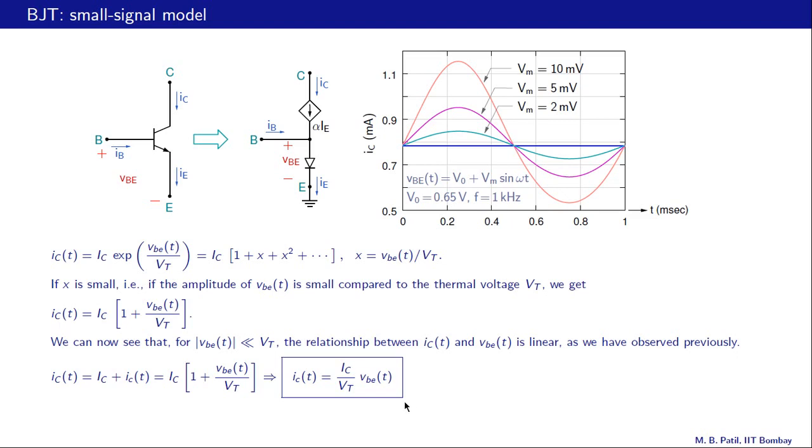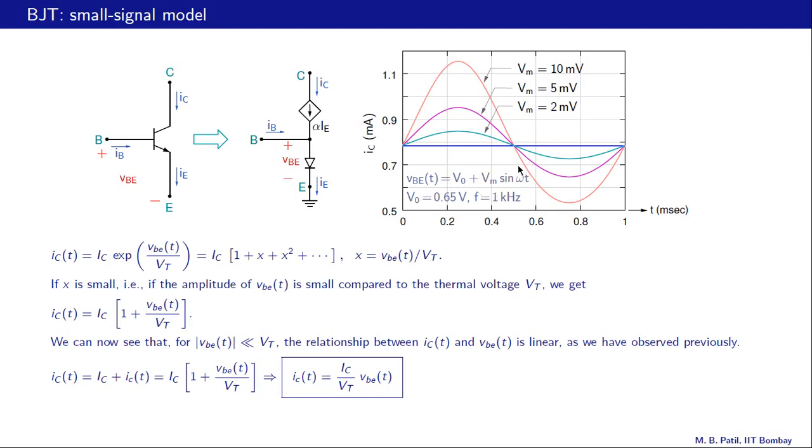What is the implication of this equation? It says that if our signal VBE is small compared to the thermal voltage VT, then the signal collector current is proportional to the signal base emitter voltage. That is, if this is sinusoidal, then the collector current is also going to be sinusoidal, and that is exactly what we observed for this case with Vm equal to 2 millivolts.